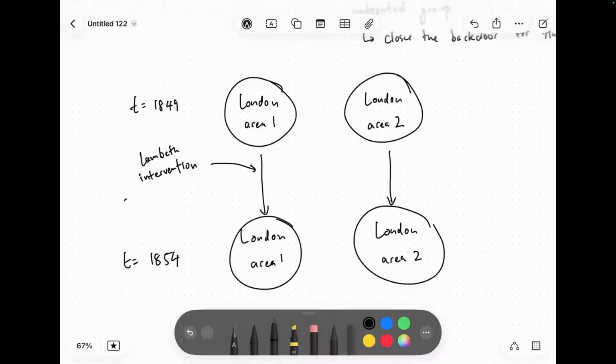So this is a shift in water source upstream. And then in this area, there's no treatment. Okay?